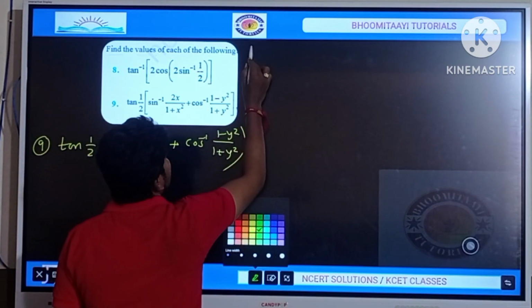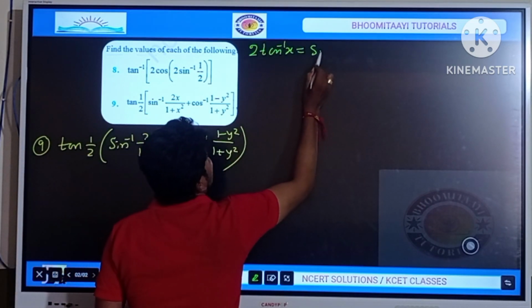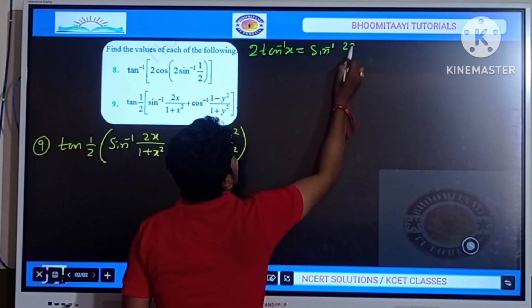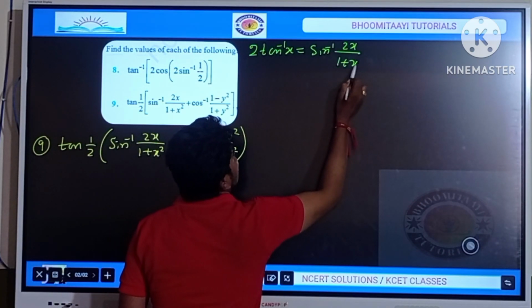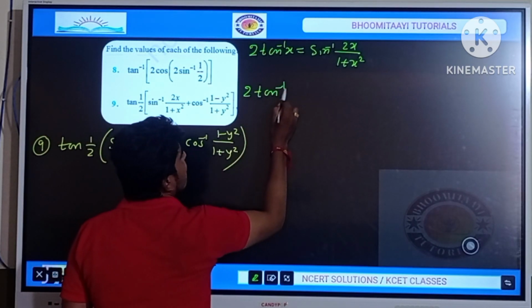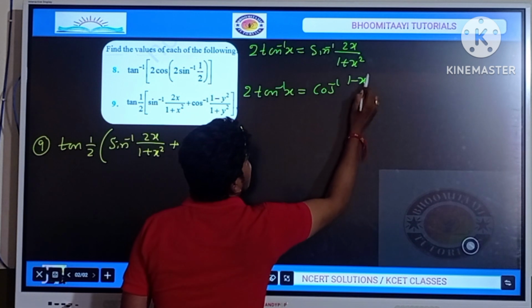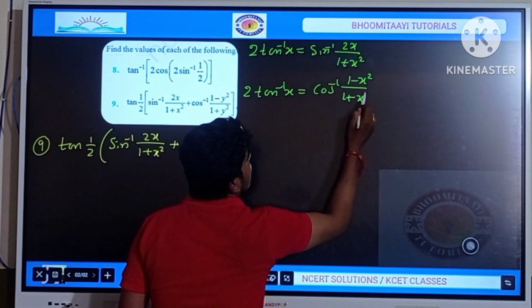The first formula is 2 tan inverse x is equal to sin inverse of 2x divided by 1 plus x square. And the second formula is 2 tan inverse x is equal to cos inverse of 1 minus x square divided by 1 plus x square.